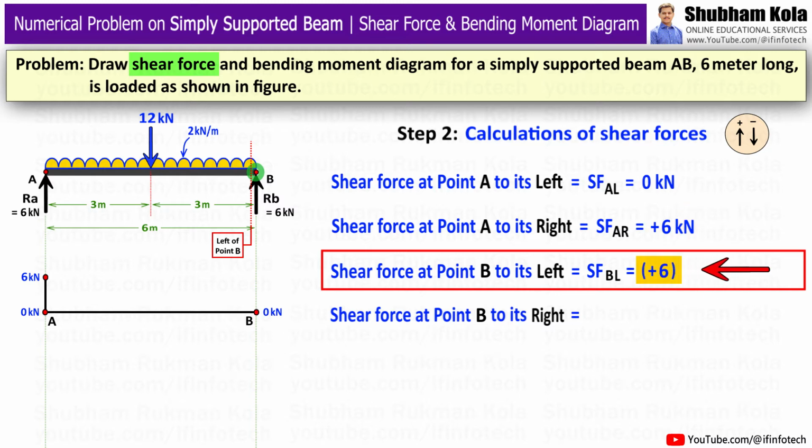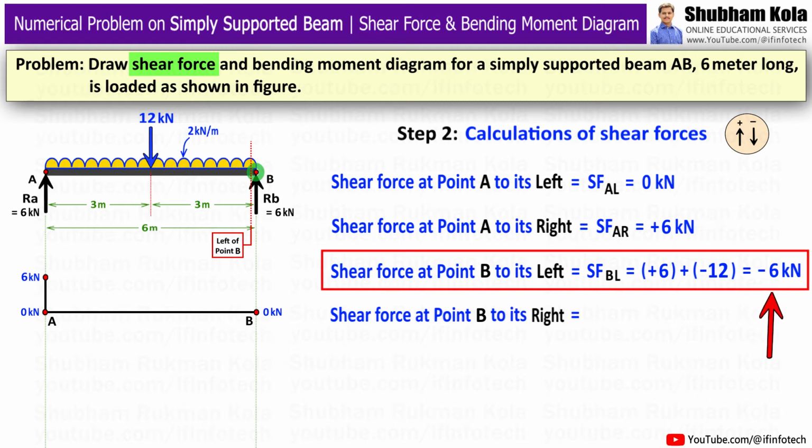So here I will carry forward the previous value of shear force up to point A to its right, which is 6 kN, and to the left side of point B, there is UDL of 2 kN per meter that we had converted into a point load in downward direction. And as per the sign convention, I will consider downward forces as negative. Hence I will add this point load with negative sign. Therefore, after calculating, we get the shear force value as minus 6 kN.